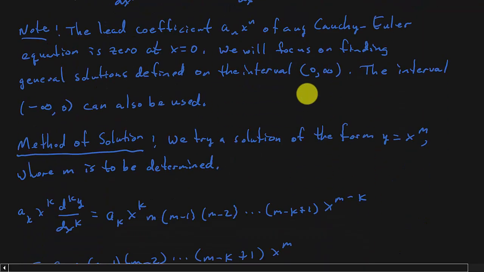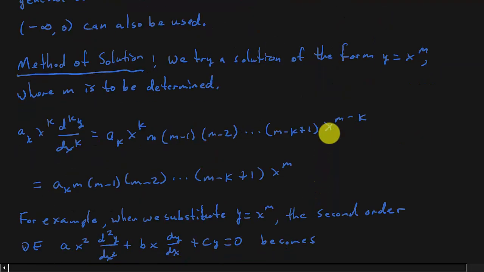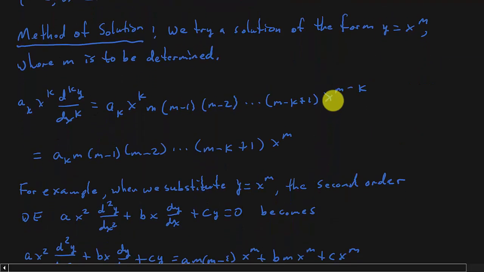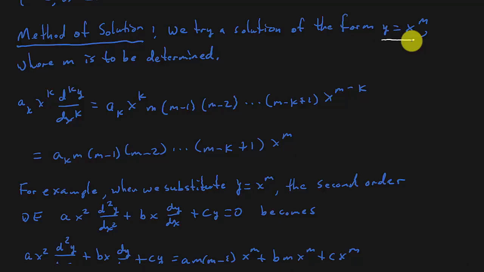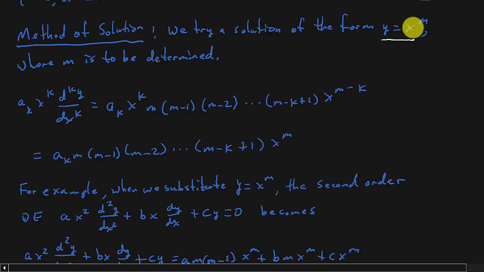All right, so method of solution. We try a solution of the form y equals x to the m. That's what you need to remember right there, where m is to be determined. So basically, we're going to solve for m.